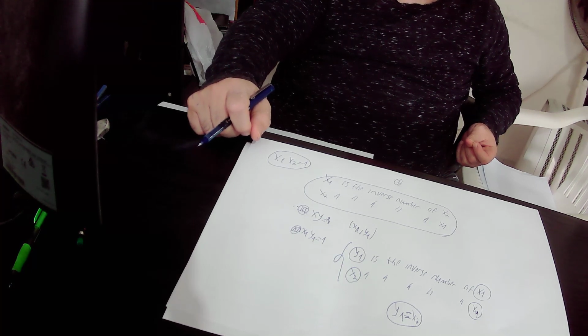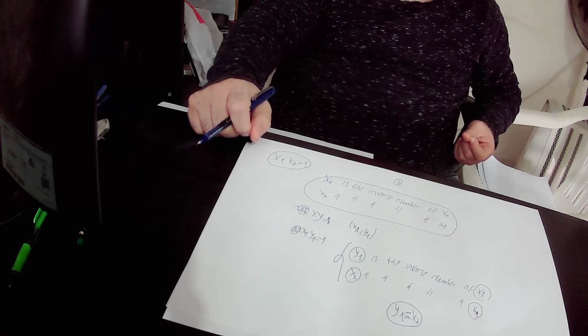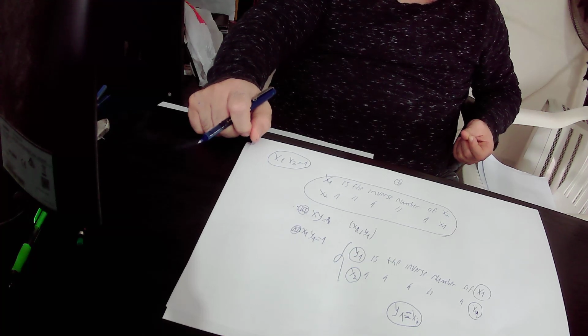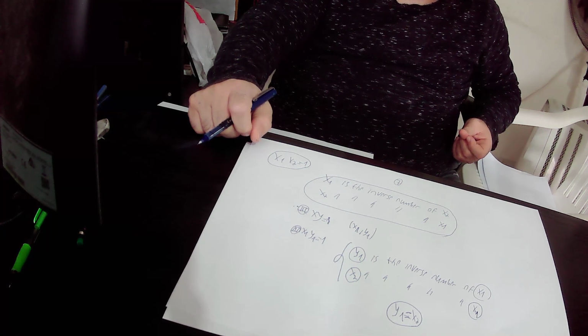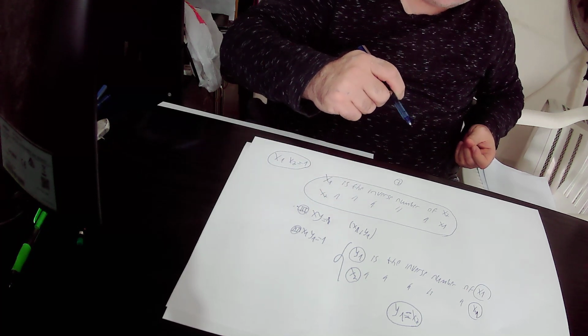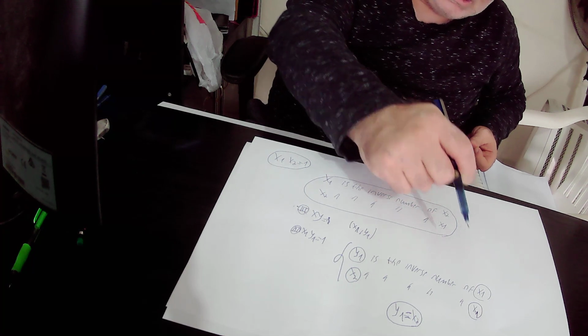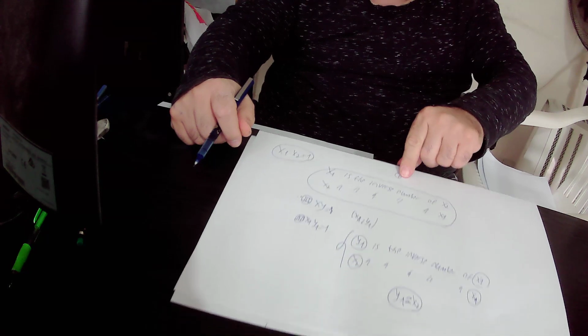Otherwise, x1 would have two different inverse numbers, which is not according to the rule. Because of that, y1 and x2 must be equal to each other, that is to say, y1 equals x2.